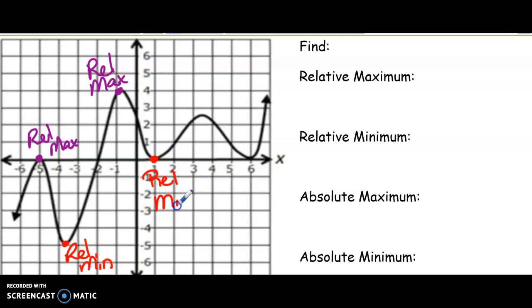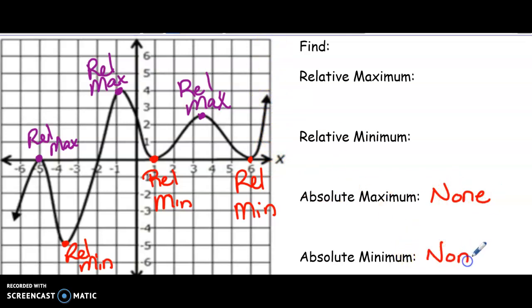If you don't remember it, go back in the video. You can see it. Another relative max. And a relative minimum. Now, remember we said we don't have any absolute maximums because our graph continues to move up, and we don't have any absolute minimums because our graph continues to move down.